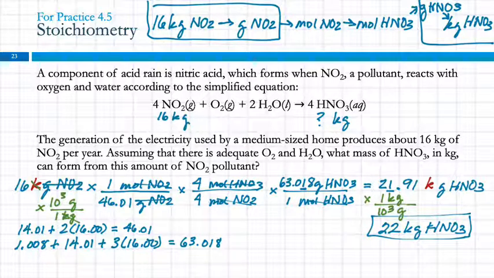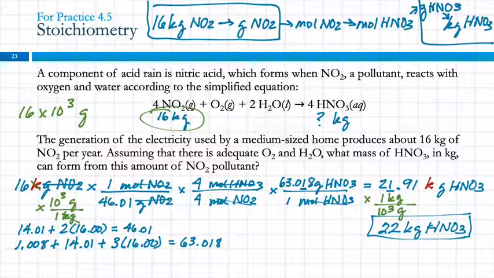I would have thought it would be wrong somehow. Another thing you can do that saves you at least one step is anytime you have a number and a unit with a prefix, instead of writing the prefix, you can write what it means. So you can call this 16 times 10 to the third grams.